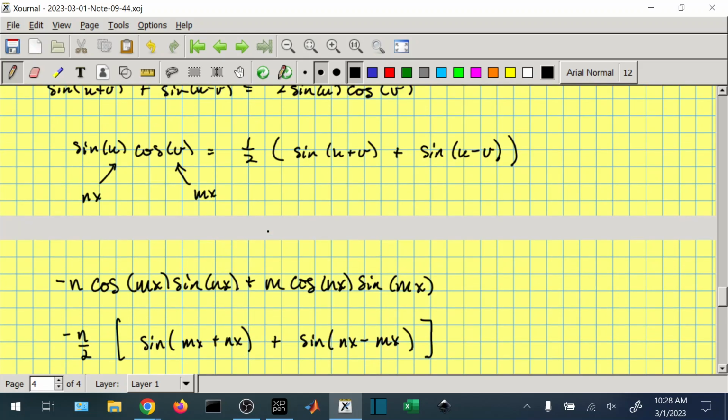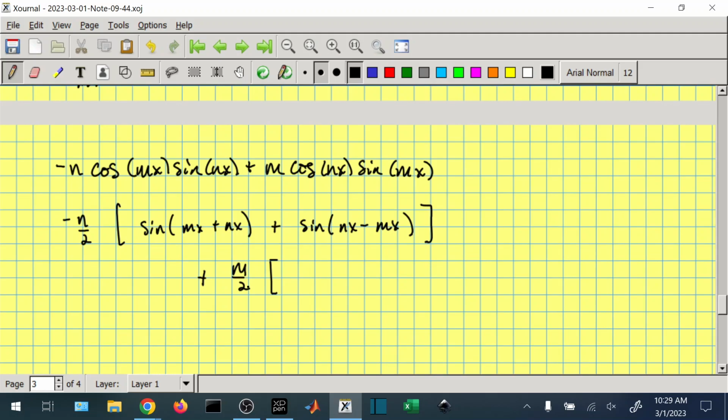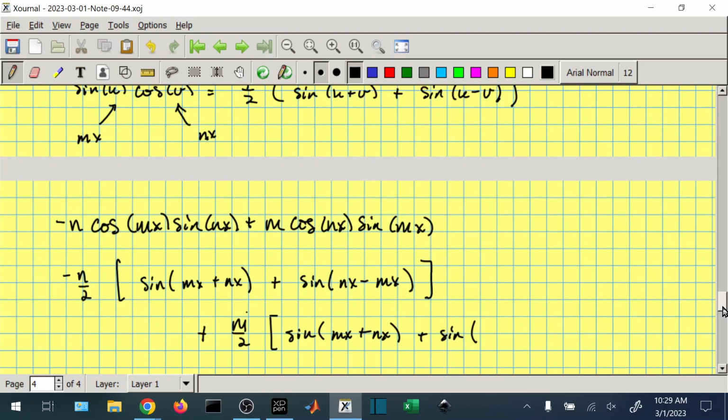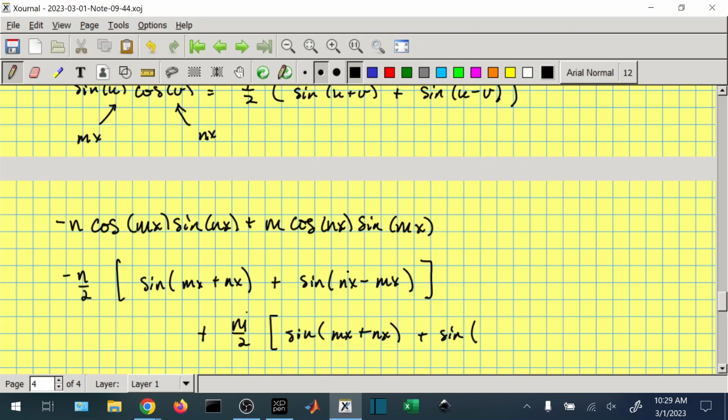And we're going to get, now they've switched. Sine has the m, and cosine has the n. And we're going to get sine of mx plus nx plus sine of mx minus nx.